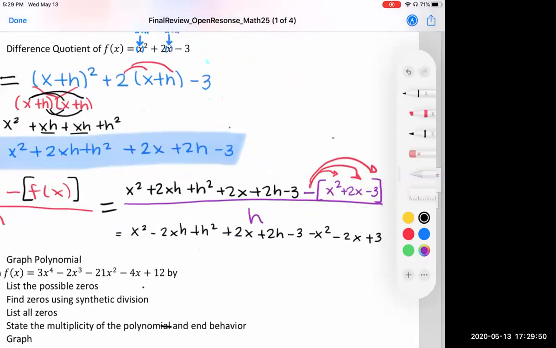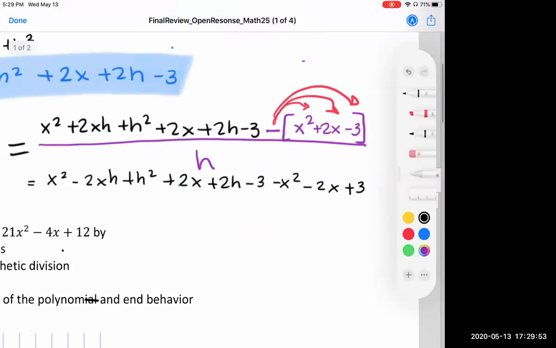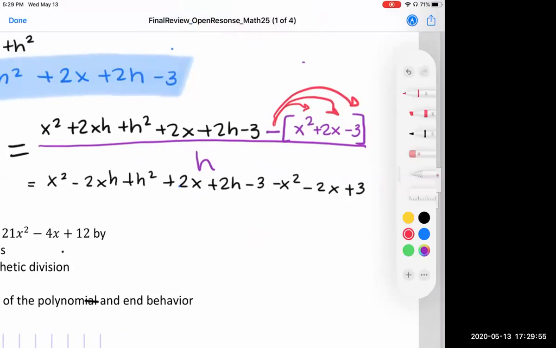Now look very closely. What things cancel out or add to make 0? So I see minus 3 plus 3. Those add to make 0. I see minus 2x plus 2x. And lastly, I see an x squared and a minus x squared.